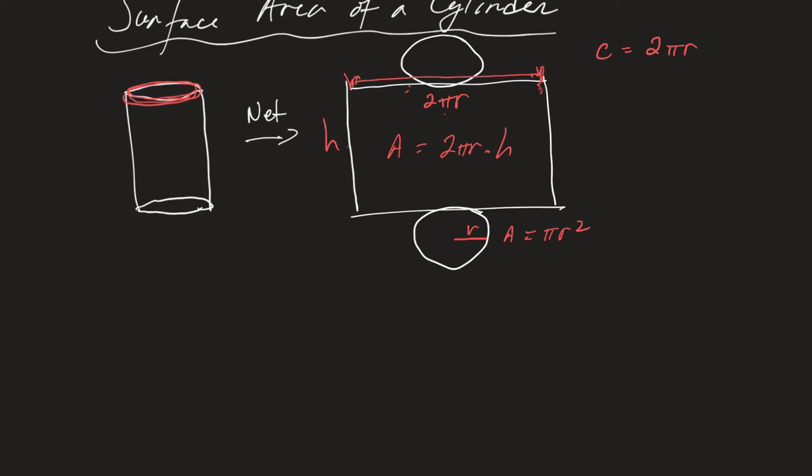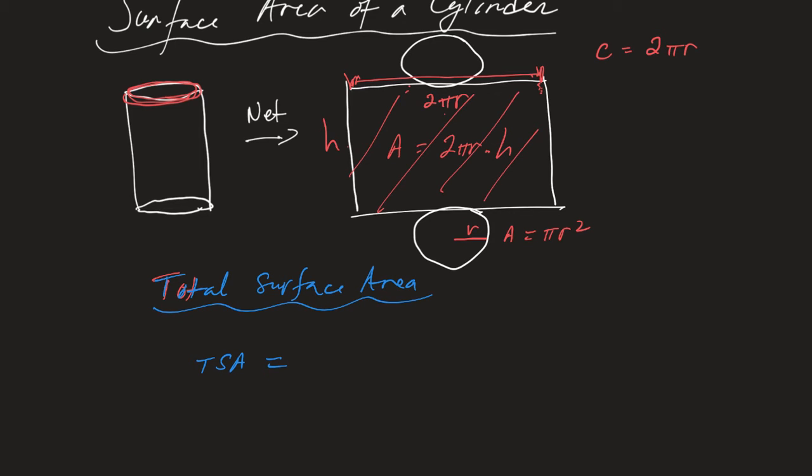So then the total surface area, we'll do it in blue. TSA, total surface area, is equal to the area of this right here plus the area of this.